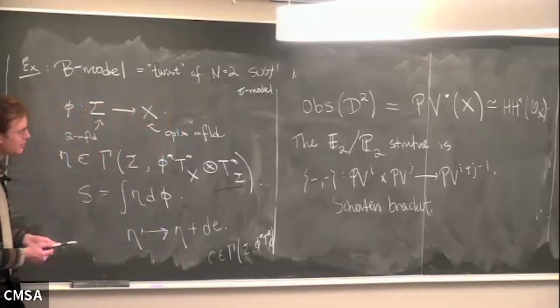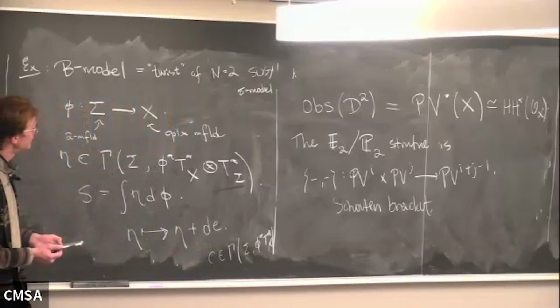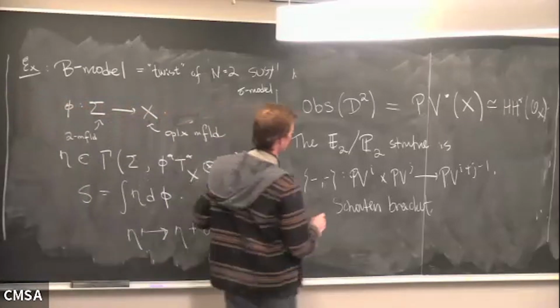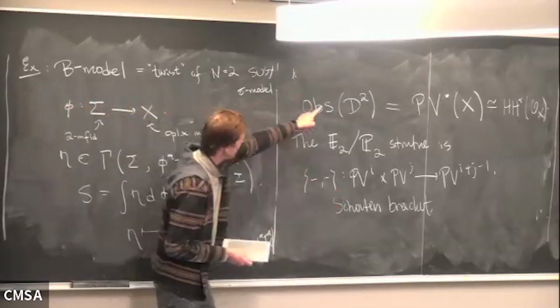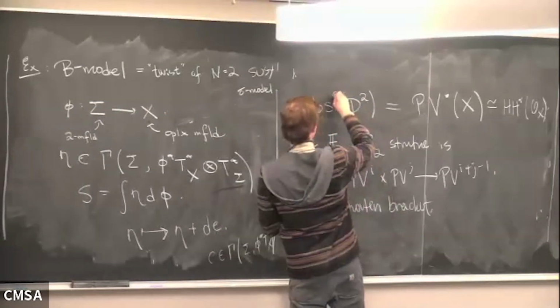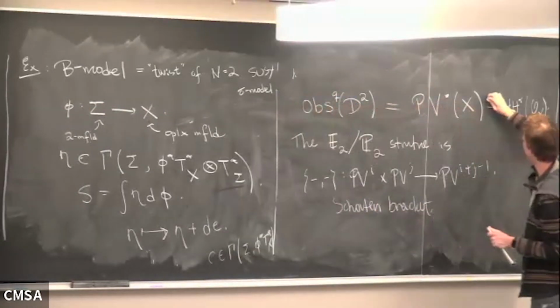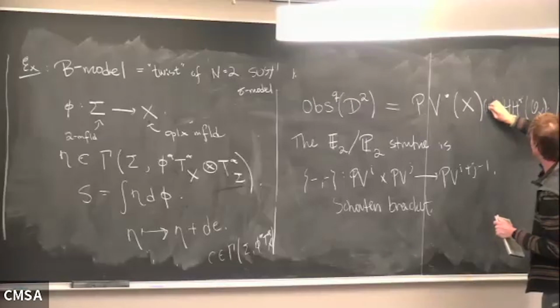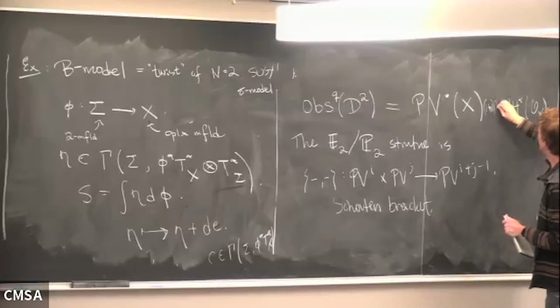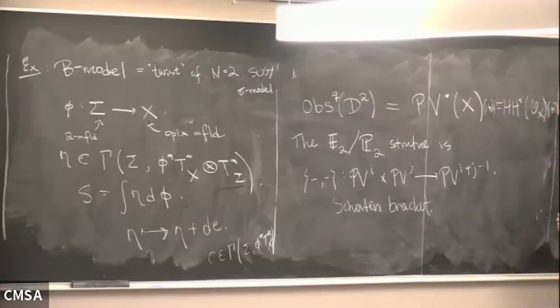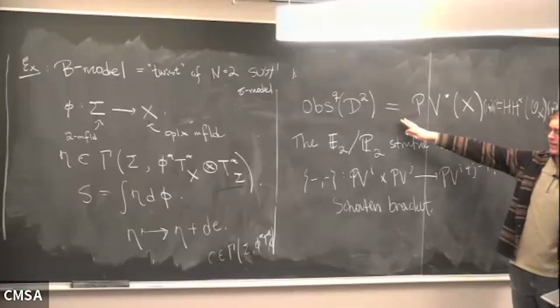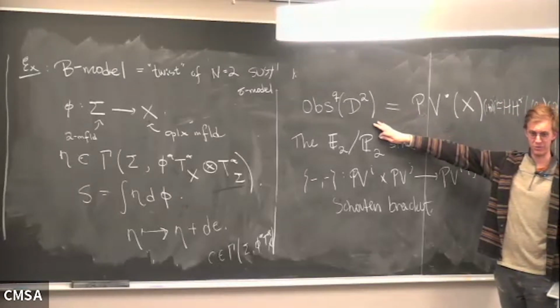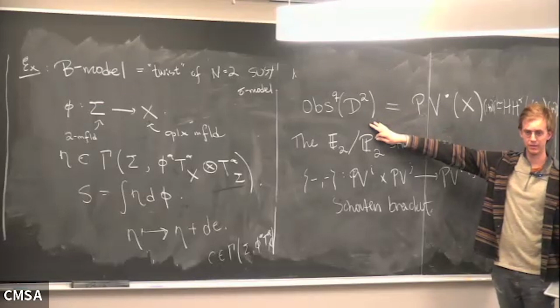This is the classical observables. Let me write this as quantum, and I could put an h-bar in here to be perturbative. So this is the underlying vector space of the quantum observables. Here I've taken cohomology.